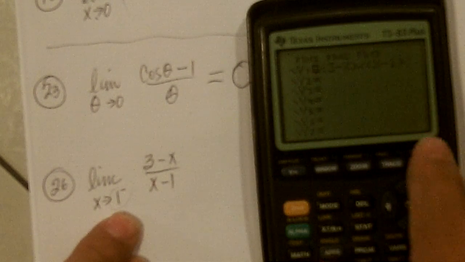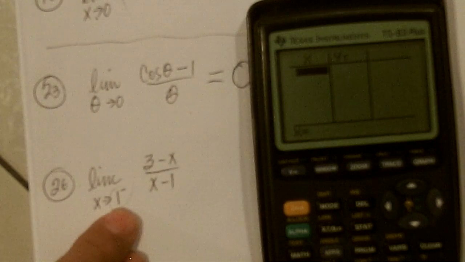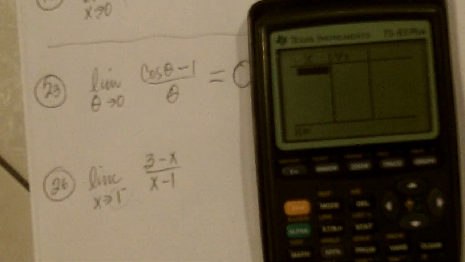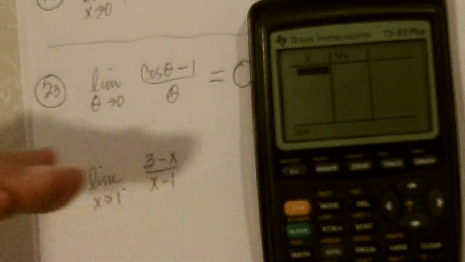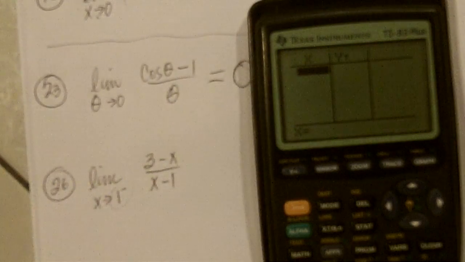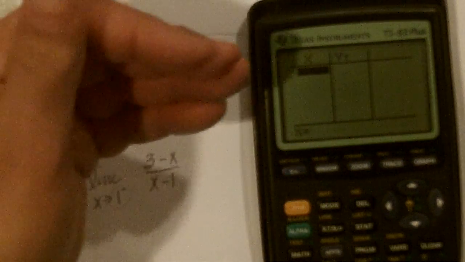And in the table, we're going to go closer to 1 from the lower side, not negative numbers, but from the lower side.